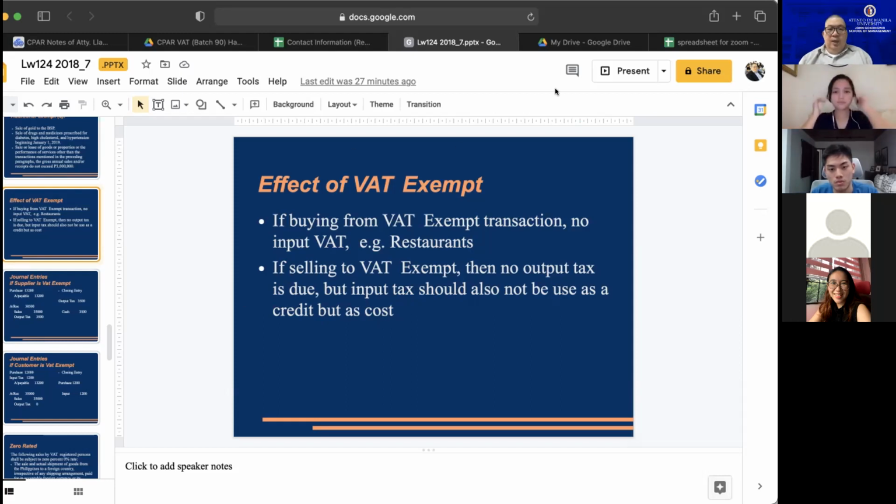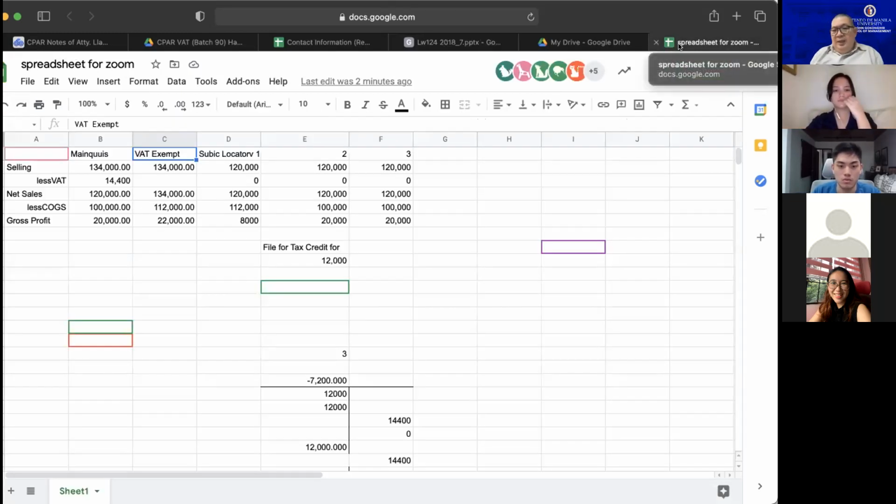Okay. Now, why is this a big problem? Why is there confusion here? Because the senior citizen was claimed to be VAT exempt. So BIR at first interpreted it this way.